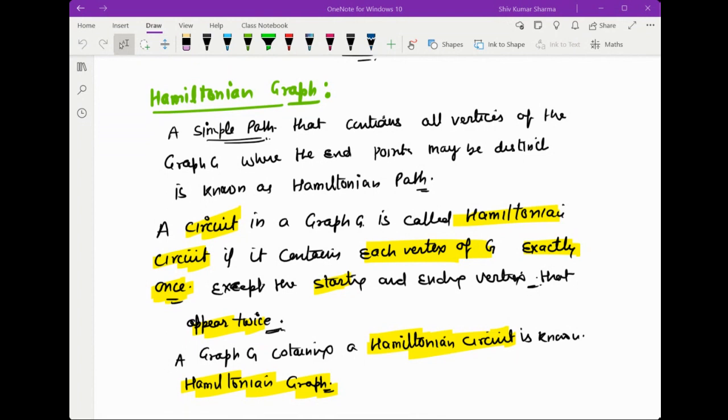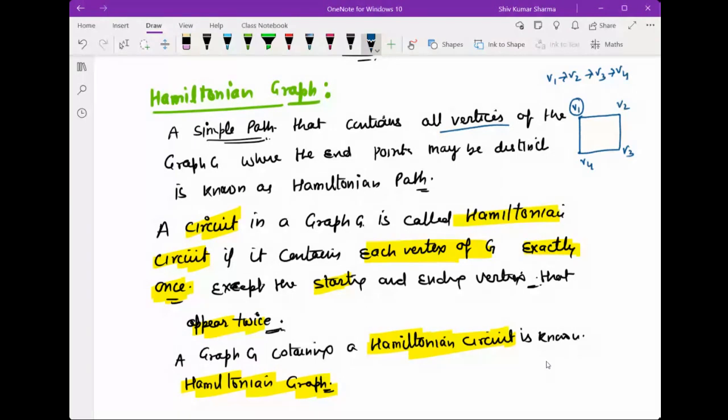For example, you can understand the first point as follows. Suppose we have this graph with vertices v1, v2, v3 and v4. It contains all vertices of the graph G. We start from vertex v1, then v1 to v2, v2 to v3, and v3 to v4.